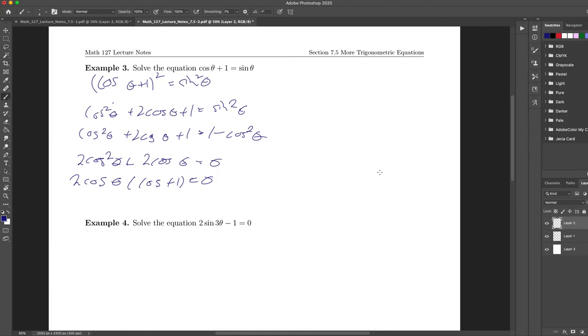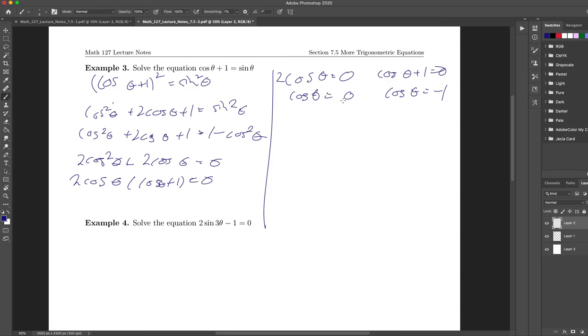That means either 2 cosine theta equals 0, or just cosine theta equals 0, and then cosine theta plus 1 is equal to 0. So here I have cosine of theta equals 0, and here I'll have cosine of theta equals minus 1.